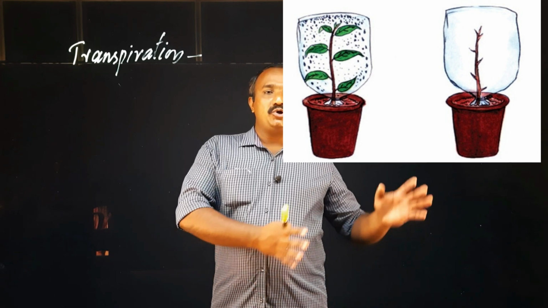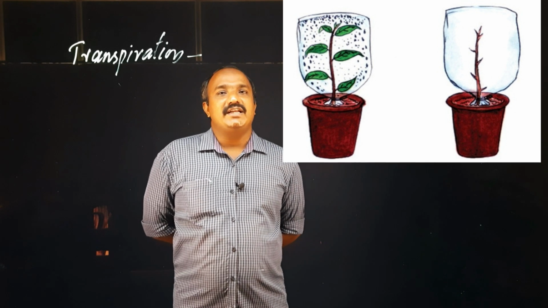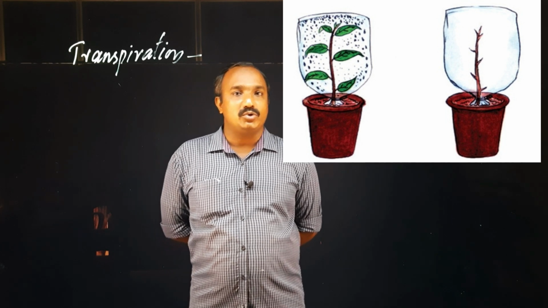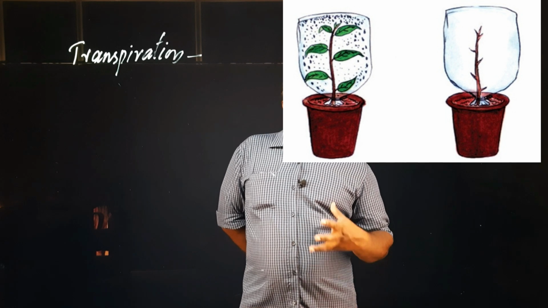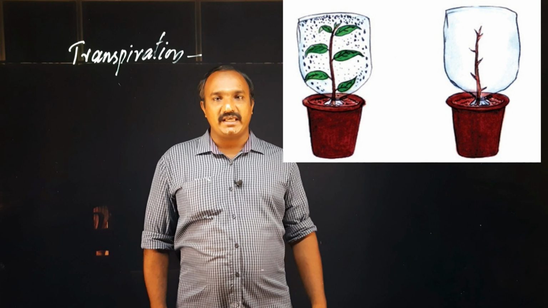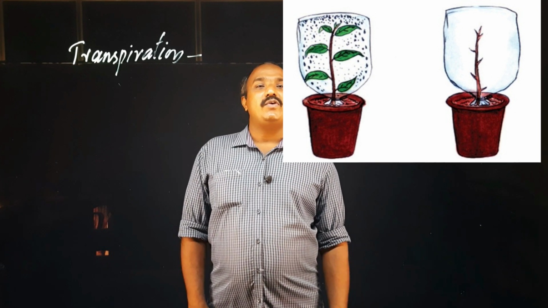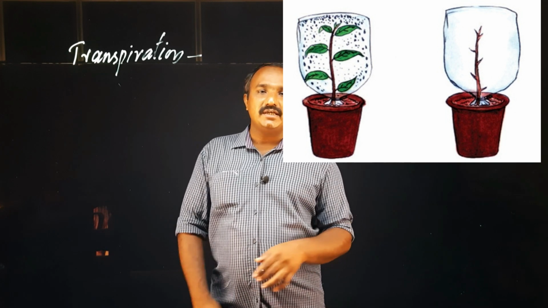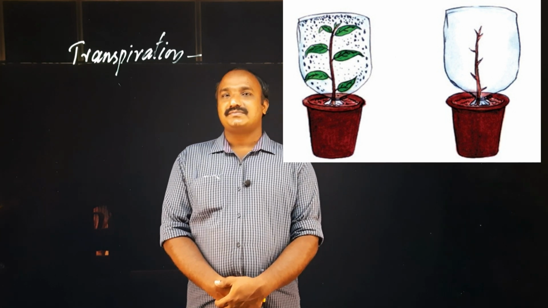Then keep that pot in complete sunshine. After 1 or 2 hours, the cover contains water vapor and water. From where did that water come? That water escaped from the leaves in the form of water vapor. Such an image is there in your textbook. If you do it, you can see it.